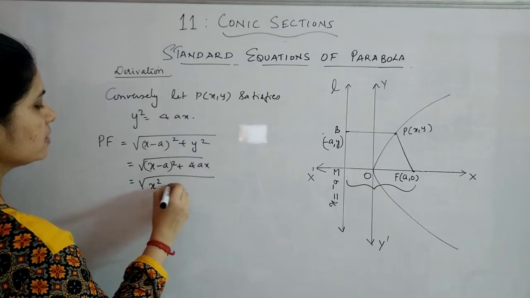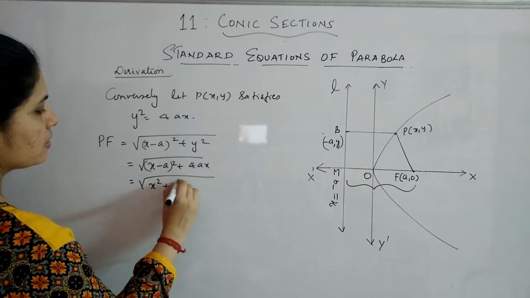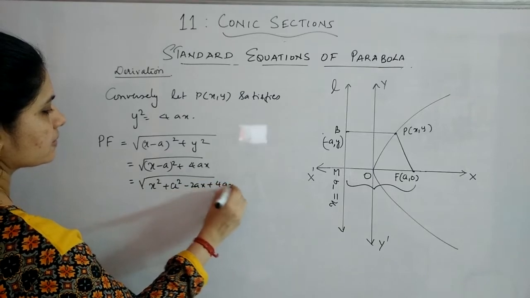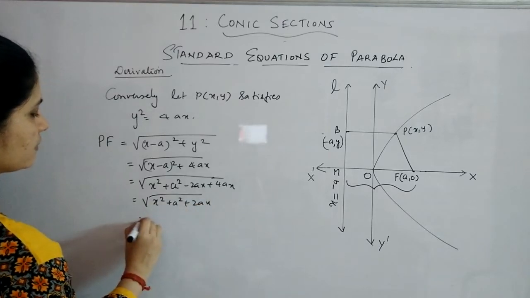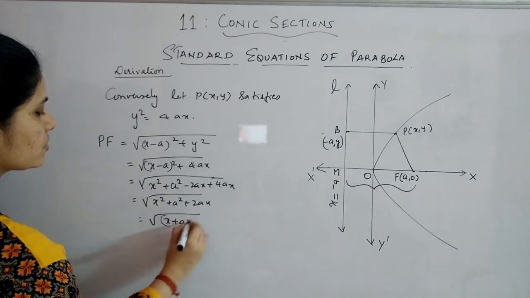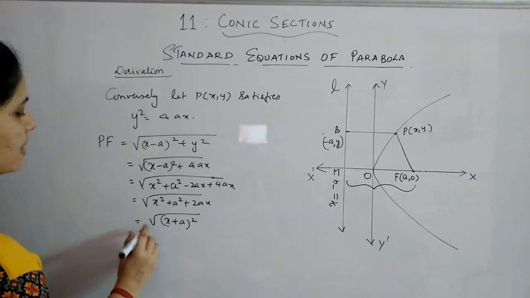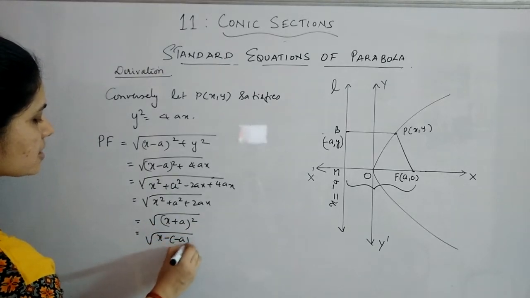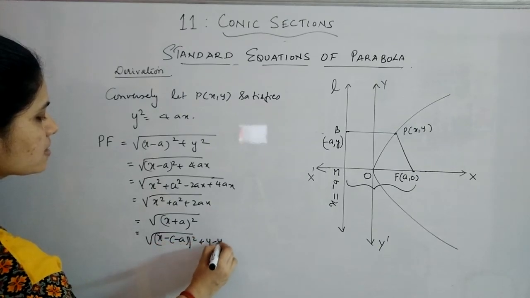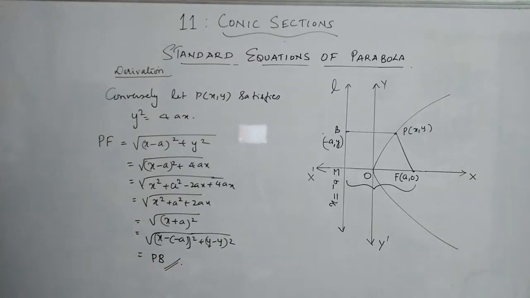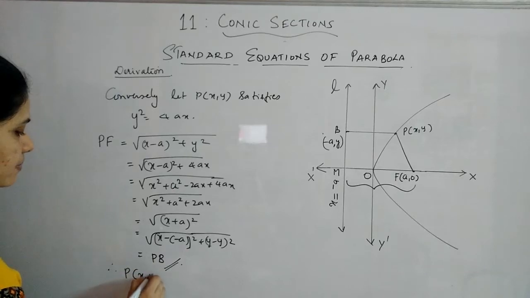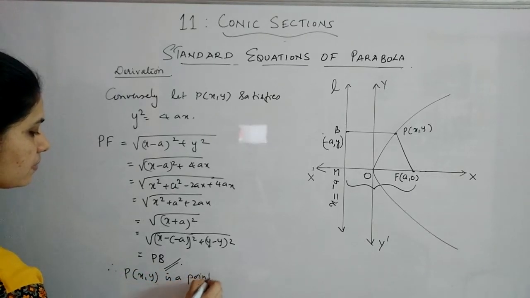Expanding, you will get root of x square plus a square minus 2ax plus 4ax, which is equal to root of x square plus a square plus 2ax, which is root of (x plus a) the whole square, right? And this is the same as root of (x minus of minus a) the whole square plus (y minus y) the whole square. That means this is your PB. So starting from PF, we have got it to be PB, that is PF equal to PB. Therefore, we can say that P is a point on the parabola.